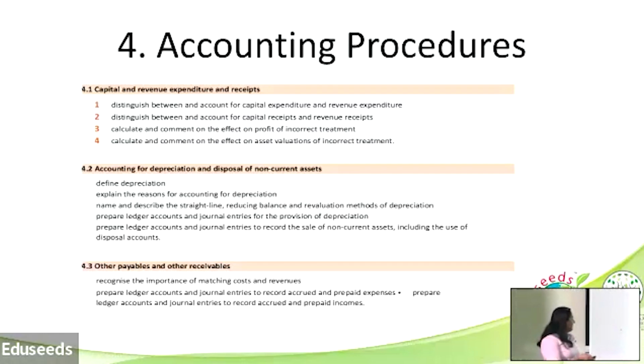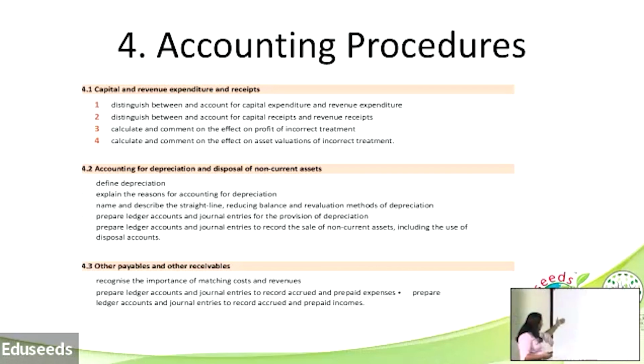Then the next one will be accounting procedures. There are some things that you need to do before you move on to your financial statements. What we are discussing now is, first, bookkeeping. After you do bookkeeping, you post it to your trial balance. So only after the trial balance do we prepare all our financial statements. But before you prepare your financial statements, these are the things you have to look at first.